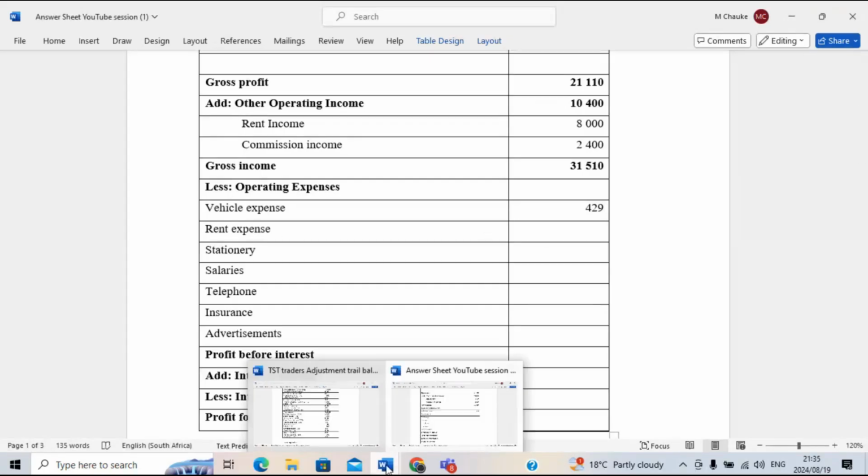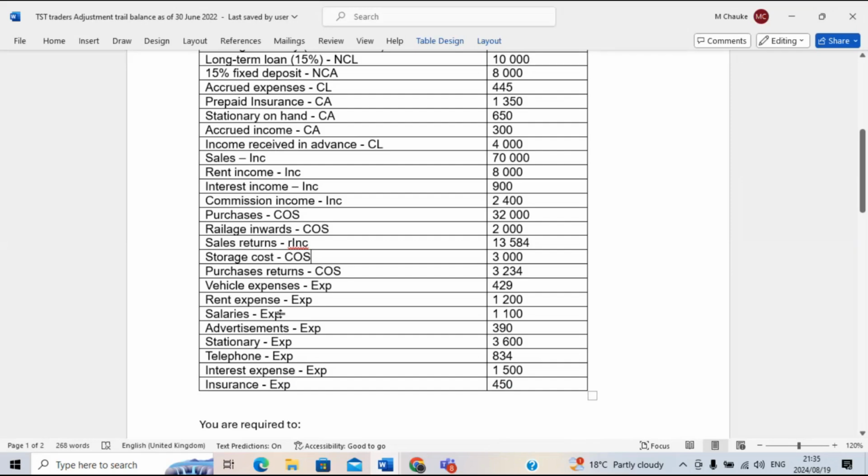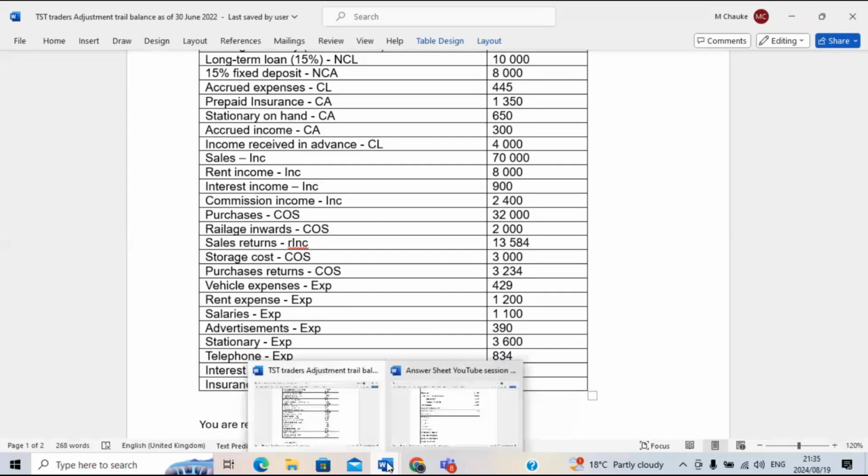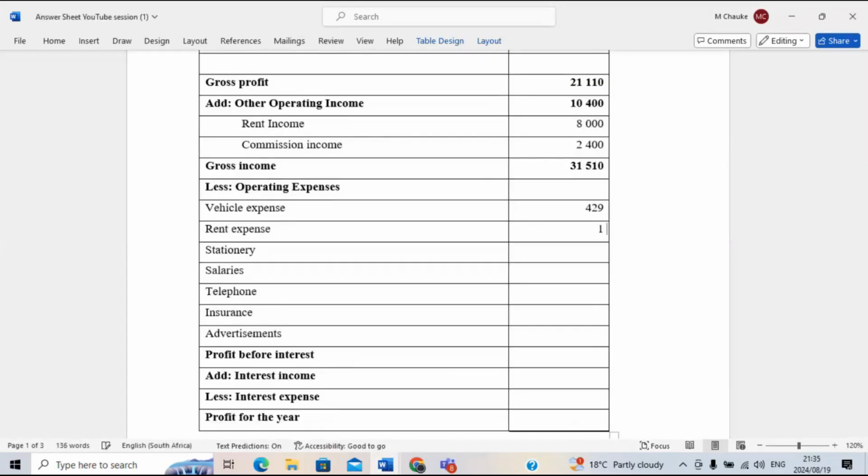Rent expense there is 1,200. And then stationery.